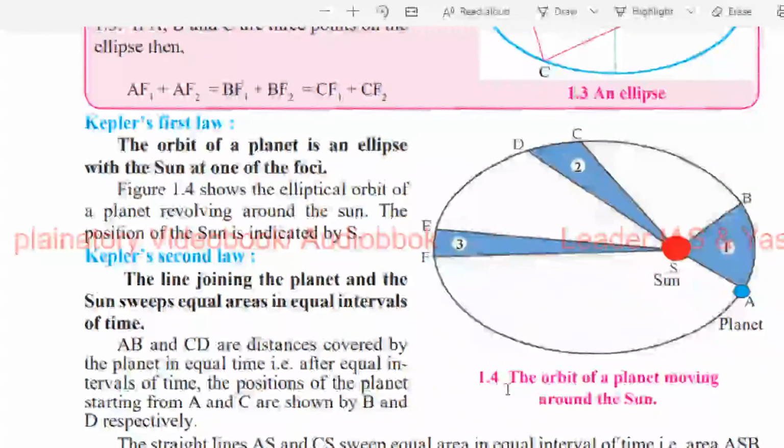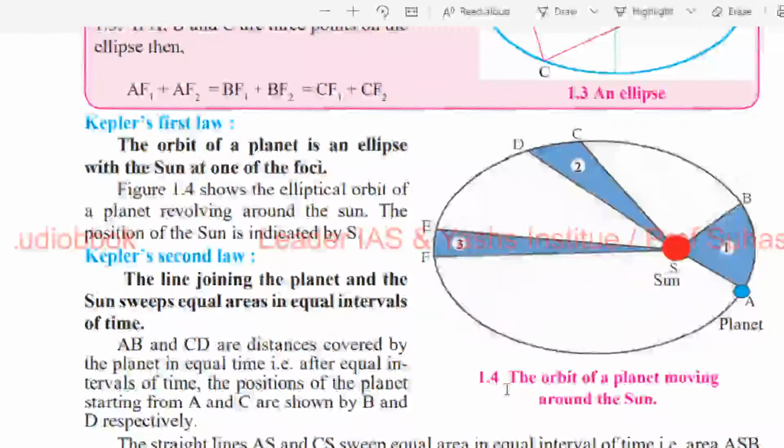Kepler's first law: the orbit of a planet is an ellipse with the sun at one of the foci. I repeat, the orbit of a planet is an ellipse with the sun at one of the foci.